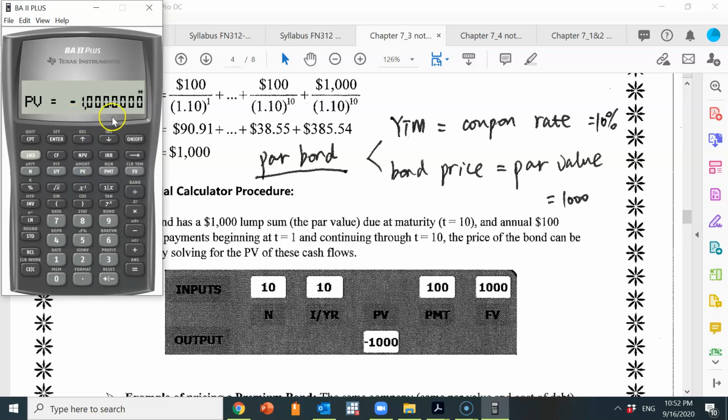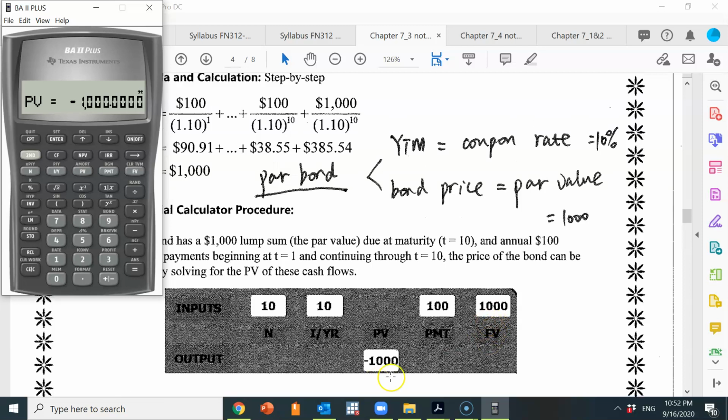Our present value, or the bond price here, is negative 1,000. This is what you need to pay today to purchase the bond. In the future, you will have $100 at the end of each year for 10 years. You will also have 1,000 par value at the end of the 10th year.